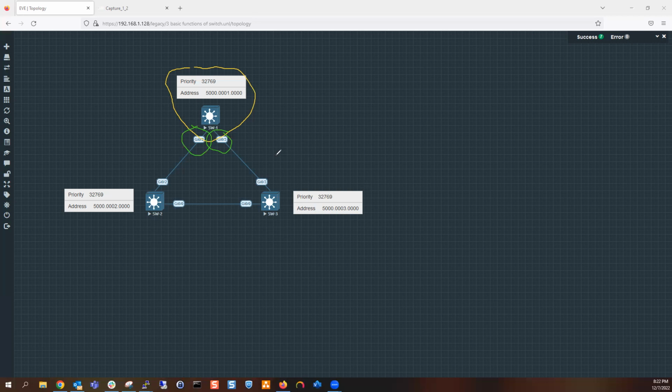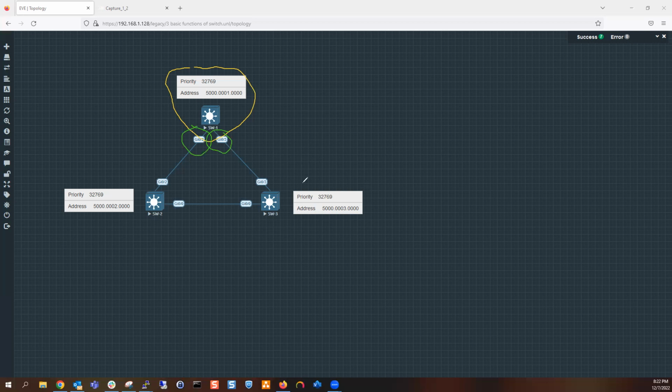We call it a designated port because it's designated to forward traffic, not to block. So the port role is designated port and the state is forwarding. I hope that makes sense.